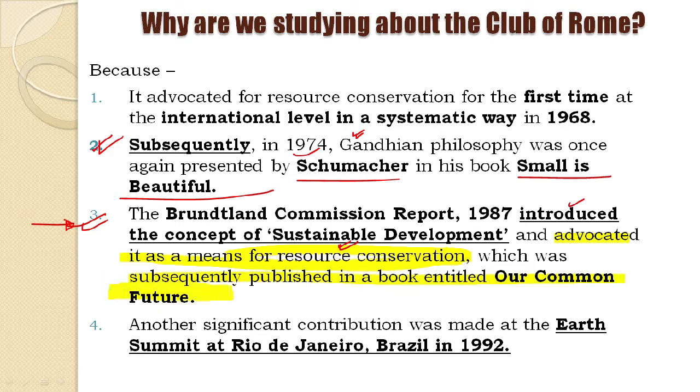Now once again a question can be raised: the report of the Brundtland Commission 1987 was published in a book called dash. So yes, exactly, that book is Our Common Future.